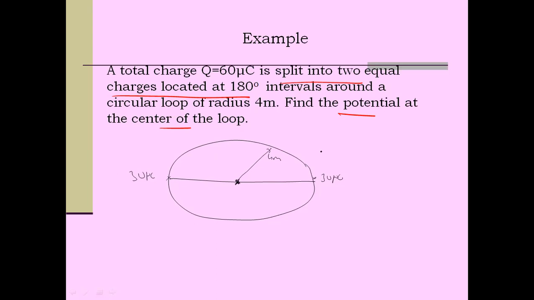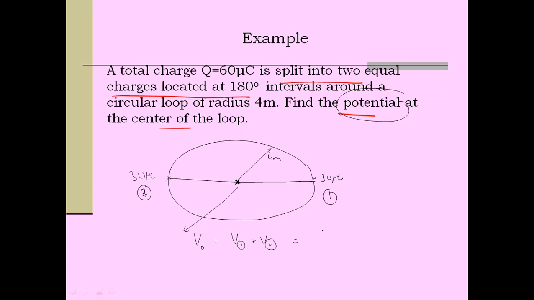From what we have learned before, the question is to find the potential, or absolute potential, at this position. I can just call it V naught, because we are dealing with the origin, the center. So V naught can be written as a summation of two potentials, potential number one due to this 30 microcoulomb charge, and potential number two due to this other 30 microcoulomb charge.